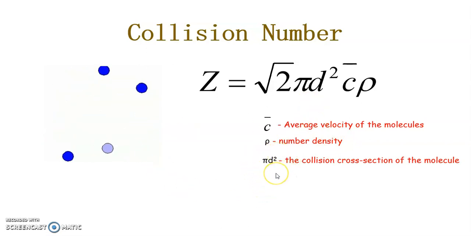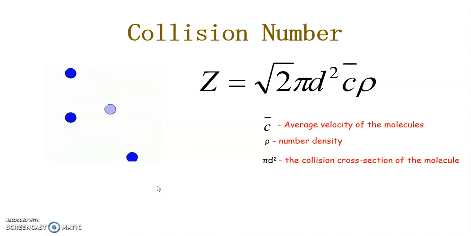and pi d square is the cross section of the molecule, because it is the cross-sectional area of an imaginary sphere surrounding the molecule, as the molecule is considered a hard sphere which another molecule cannot penetrate.